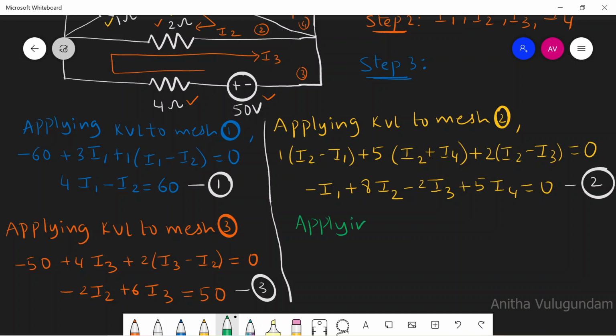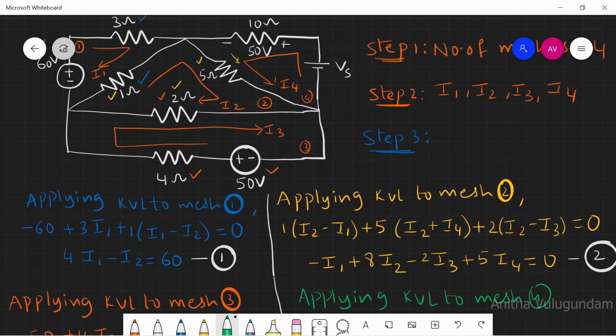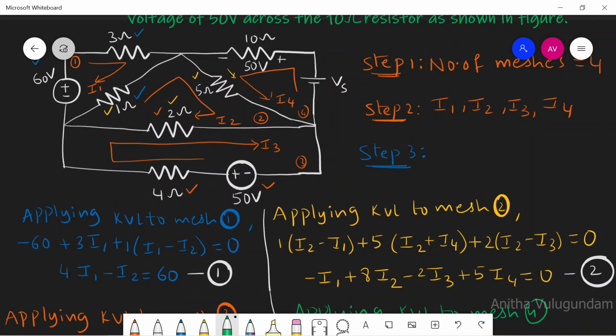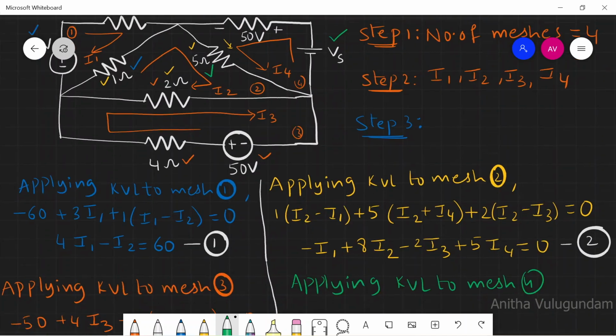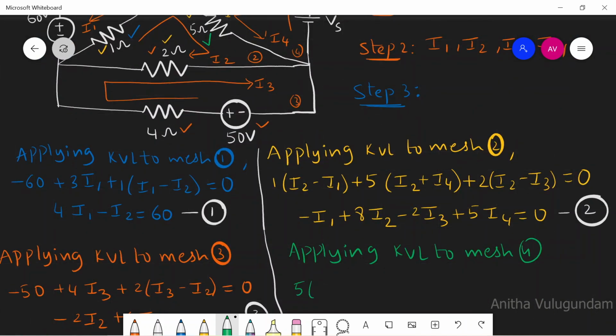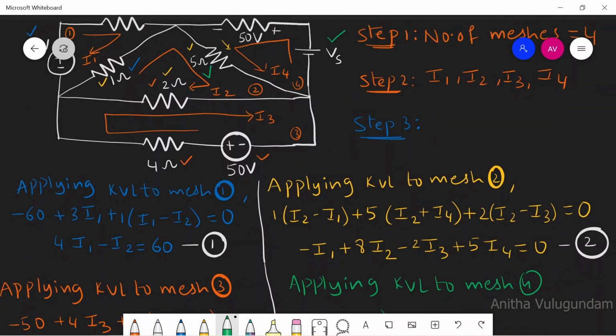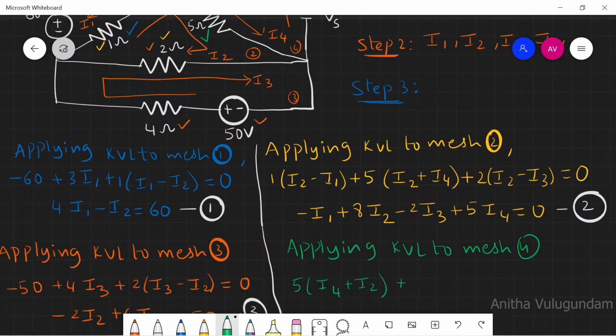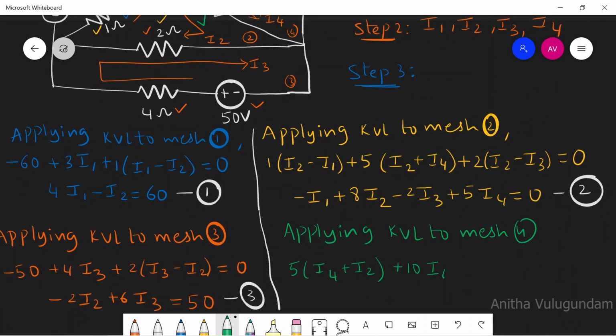Applying KVL to mesh 4. This is mesh 4. I'll start writing the voltage drop across 5 ohm, next 10 ohm and then Vs. 5 into (I4 plus I2), plus the voltage drop across 10 ohm, 10 into I4, minus Vs equal to 0.